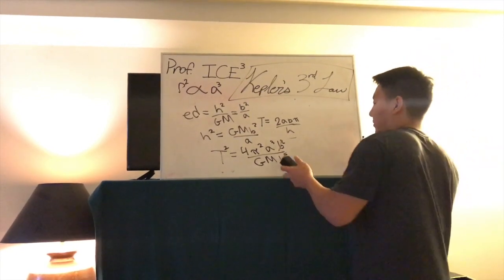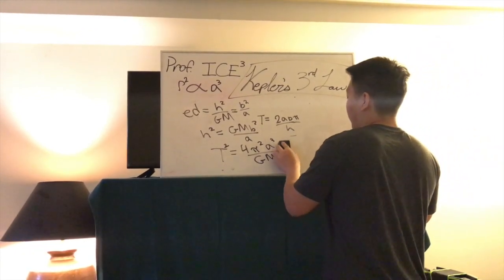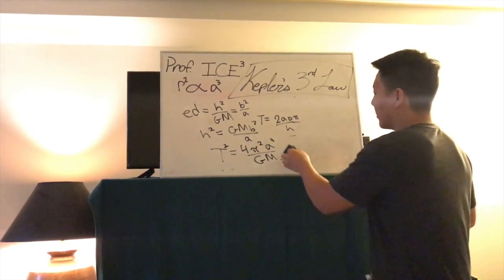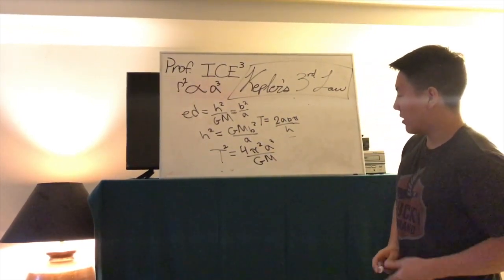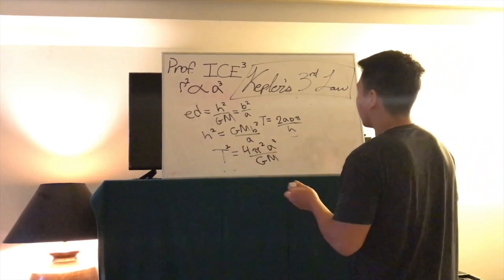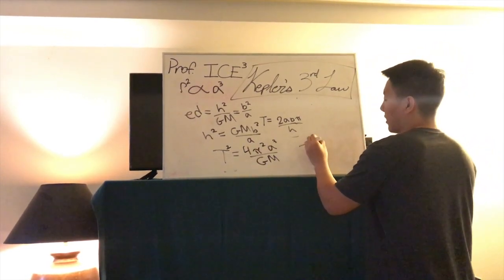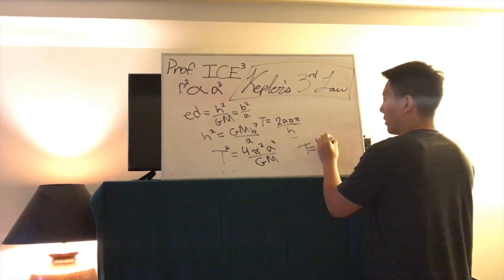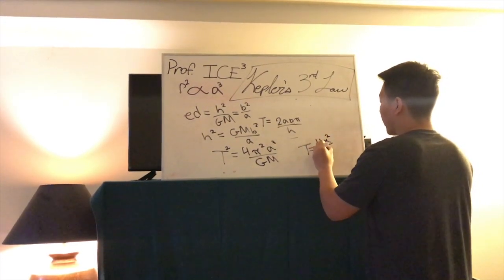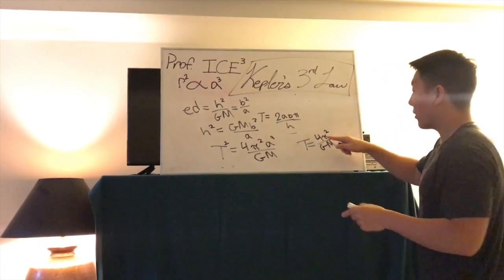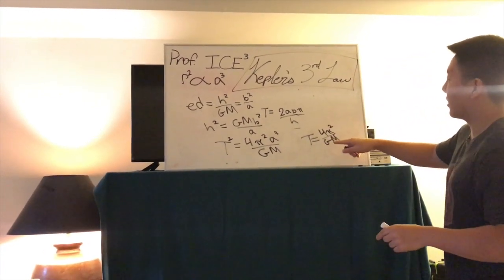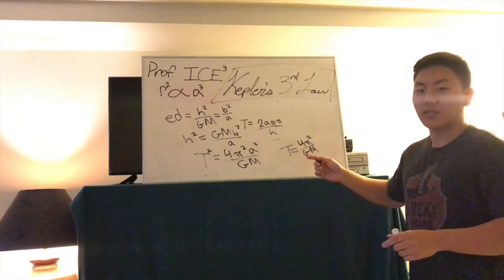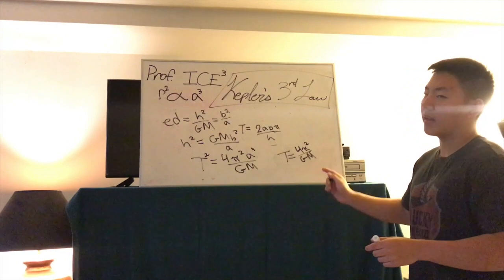So now we're done. See, look at this formula. Let's rewrite it so it's a little more clear. T squared equals 4 pi squared over gm times a cubed. And these are all constants, by the way. G is the gravitational constant and m is the mass of the sun.